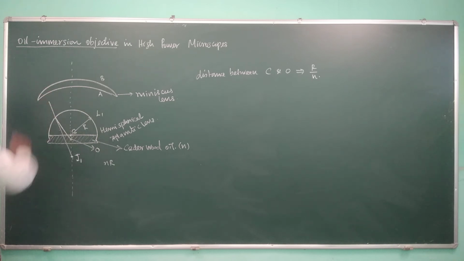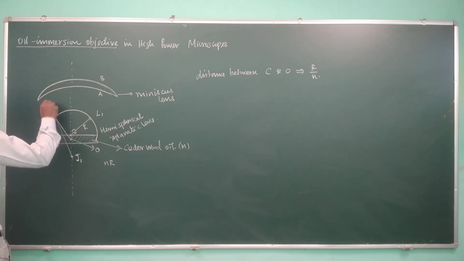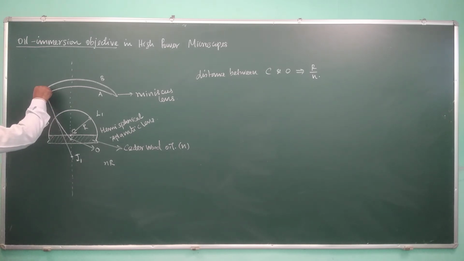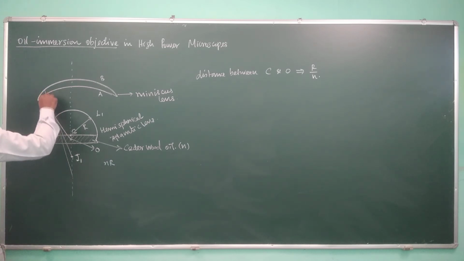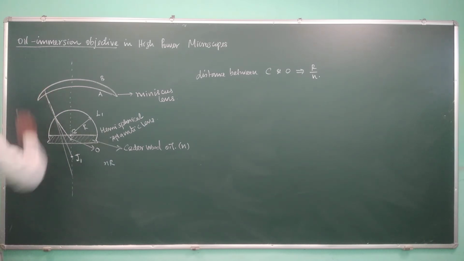Now this refracted light ray will once again get refracted at the lower part of the surface, at A.